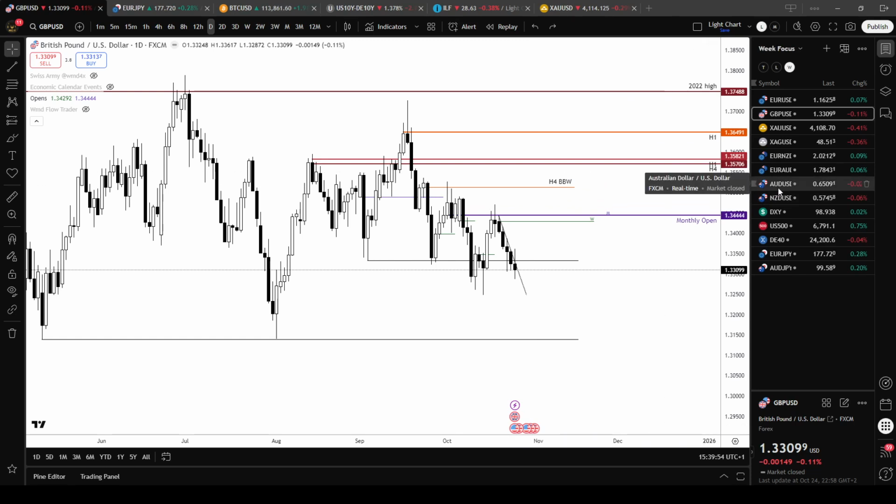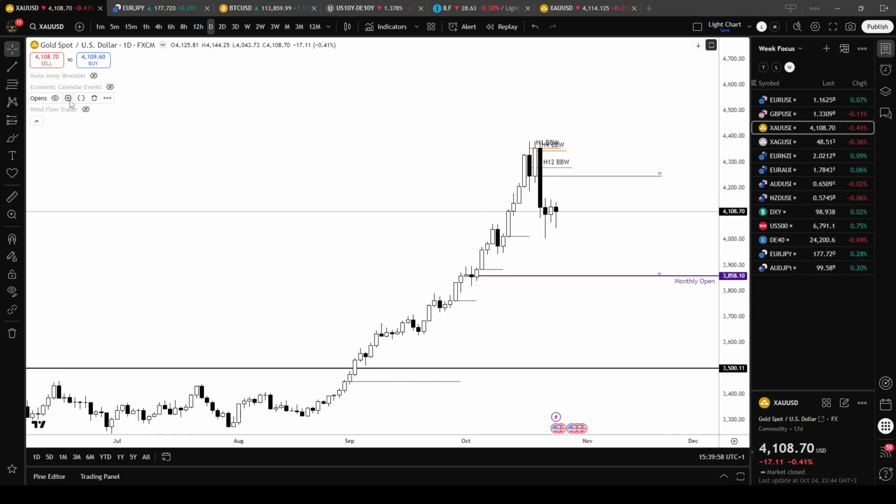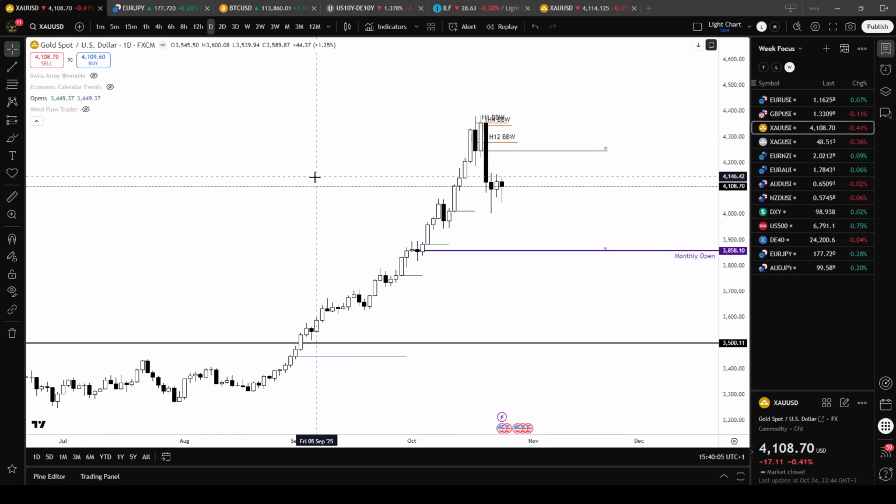So yeah, I want to move on very quickly with gold. I don't have much to say other than it's been very, very, very extended. I think it was on track to its best performance since 1979.